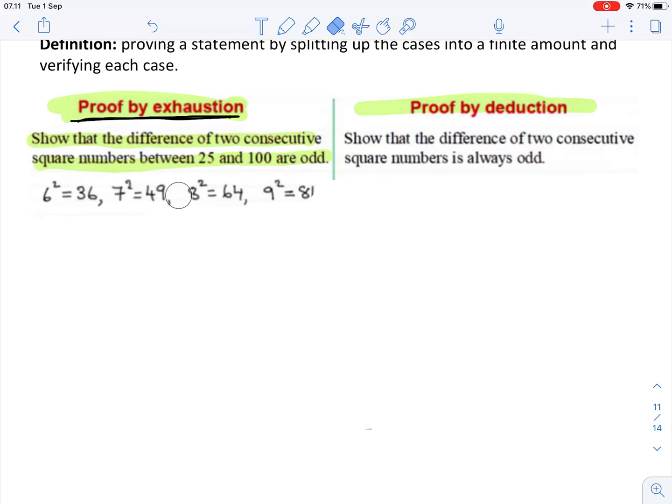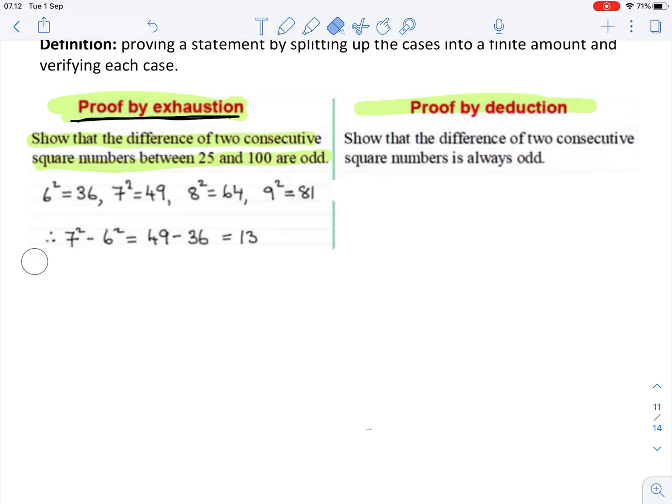So what I might do is just start listing all the squared numbers between 25 and 100, and here they are. And you're dealing with only 4 cases, right? So now I can actually just go through each one of these differences and show that they're odd. So you would list this.